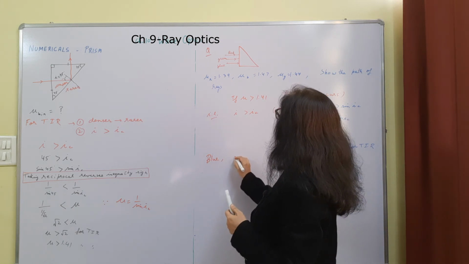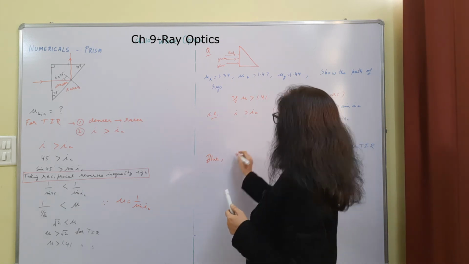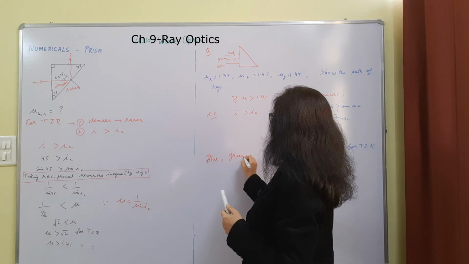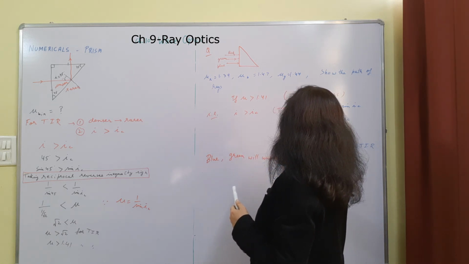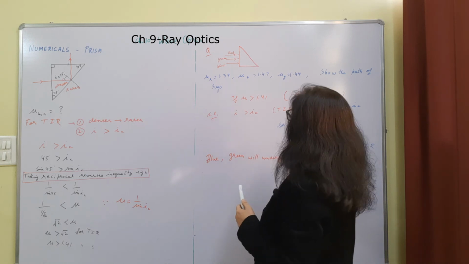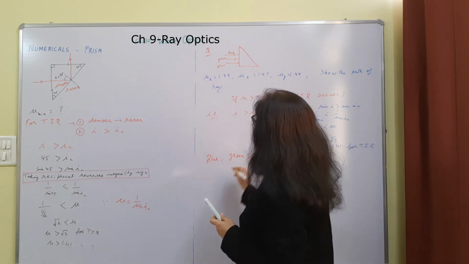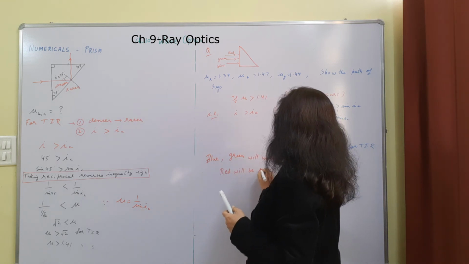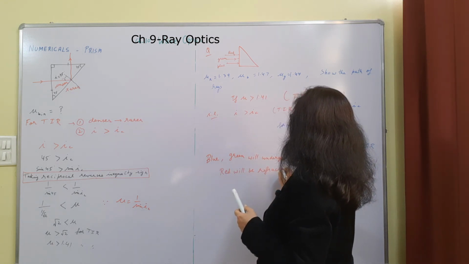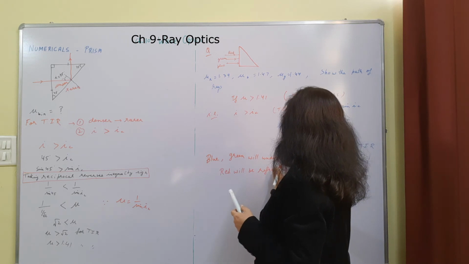and green will undergo TIR, right, and red will be refracted. So we can draw the ray diagram.